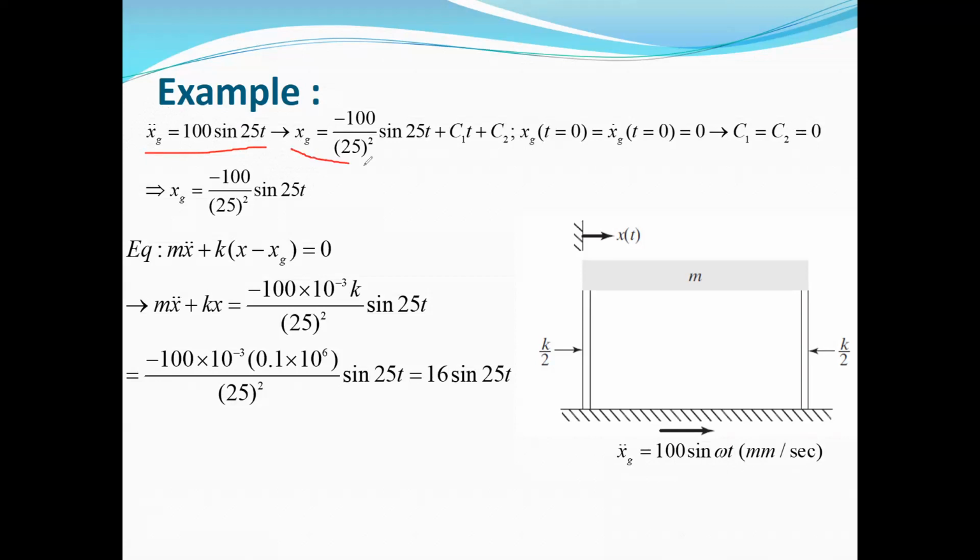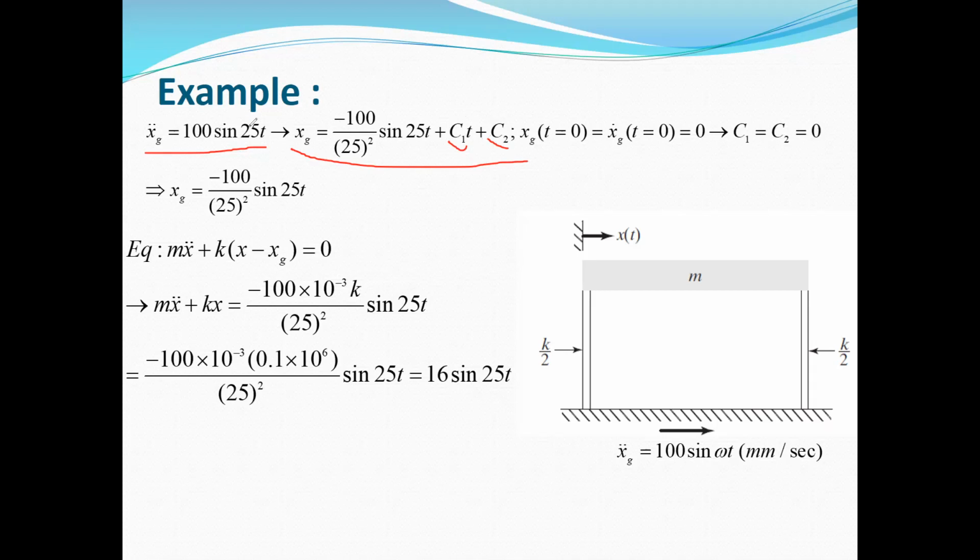So xg will be equal to, we will have two constants when calculating the integral of x double dot, or the acceleration. We will have two constant coefficients, c1 and c2, because we have two integrals.